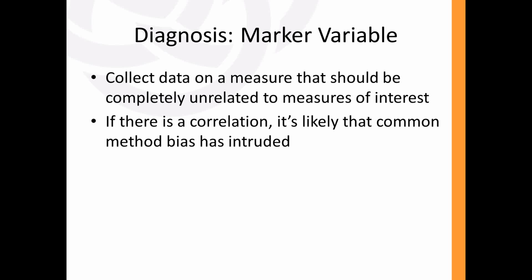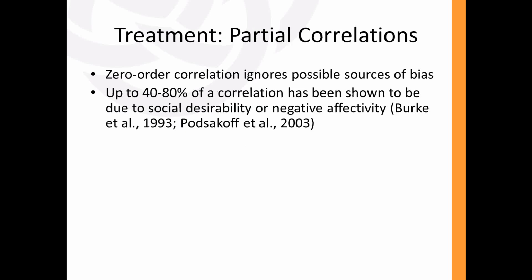If you include it in your set of instruments, you should probably find no correlation. If you do find a correlation, it's likely that a common method bias has intruded, because why should they be answering in a consistent way when we know from tons of literature that these are unrelated constructs? So that would be a pretty big clue.